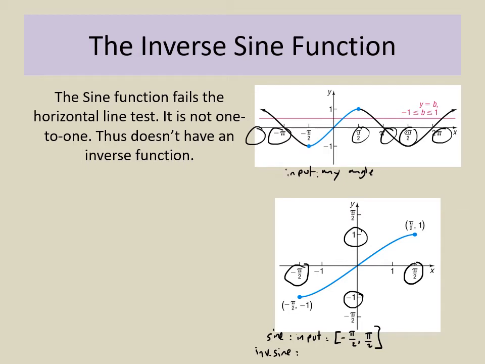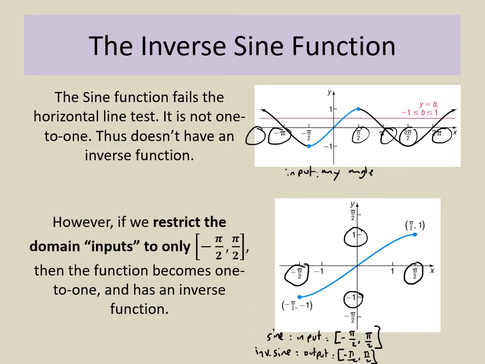It's going to take a value between negative 1 and positive 1, and then the output is going to be an angle, but it has to only be an angle between negative pi over 2 and positive pi over 2. And that is going to be crucial for calculating the inverse sine.